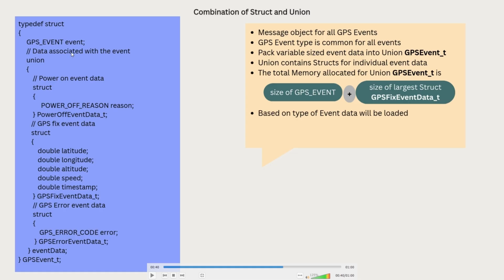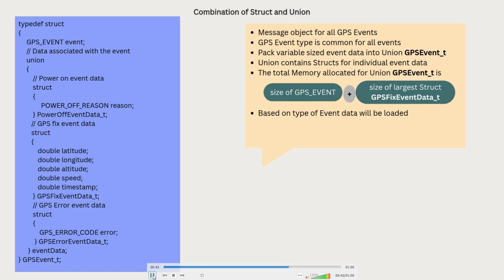So you have an event and data will be this much size, but based on the type of event it will change. So you may not use all the data. Let's say you receive a power off event, it only has a reason, so the rest of the data is garbage and you should not access it. So you will check the event and then access it. Like this it is very useful. Instead of having different events and defining a lot of structures, where the code will be very complicated, here you will just decode the data based on the event.